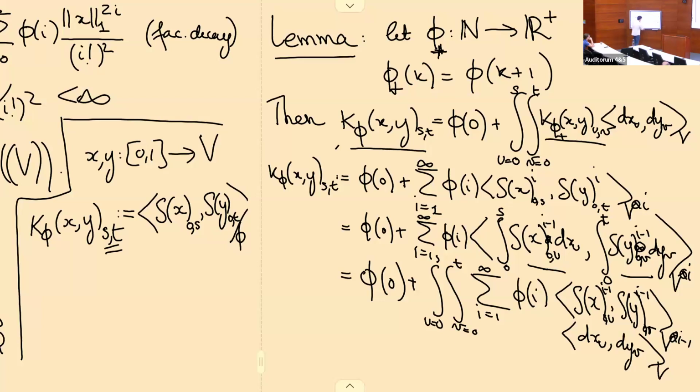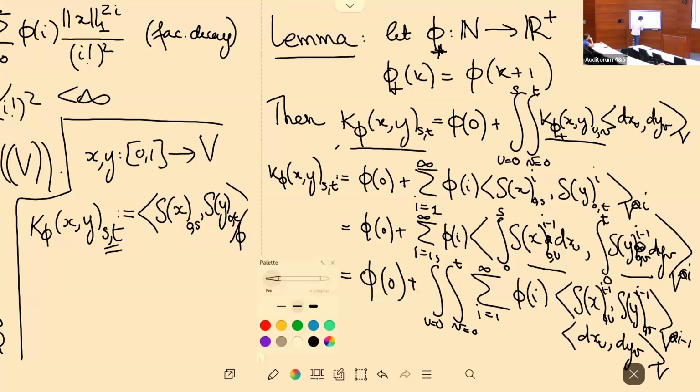Right, now let's change indices. So let me change the index so I start from 0. So this becomes i plus 1, and this becomes i and i. Just a change of index.